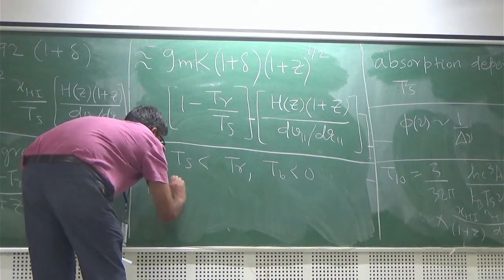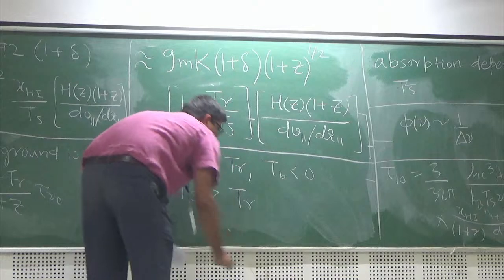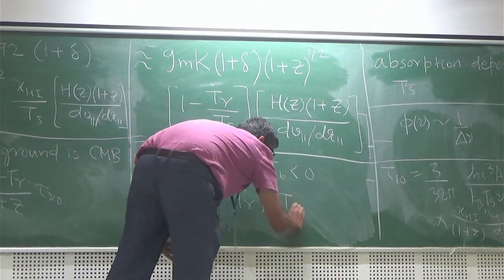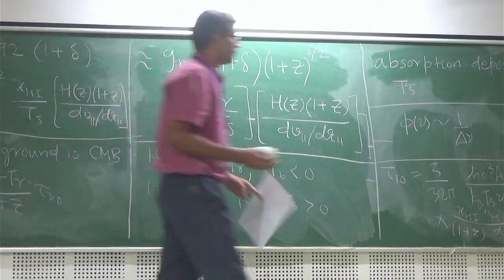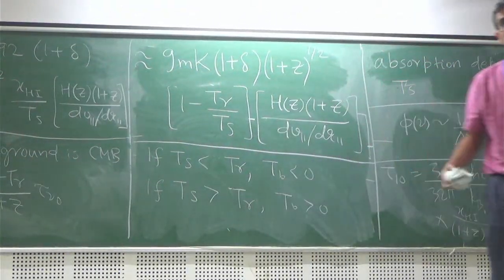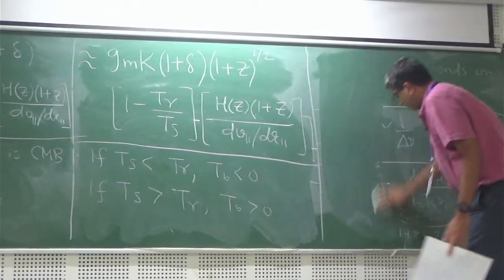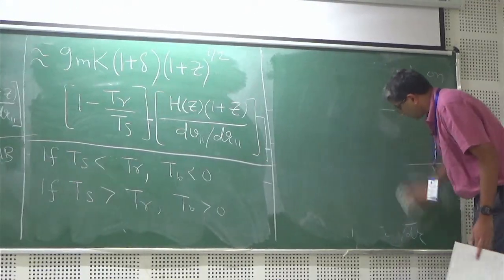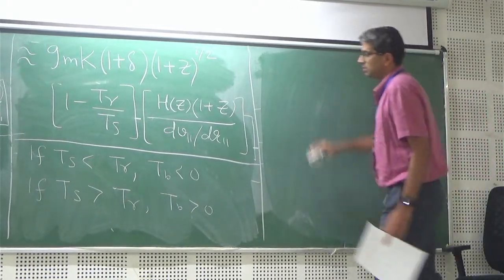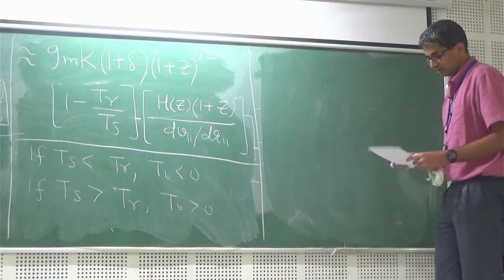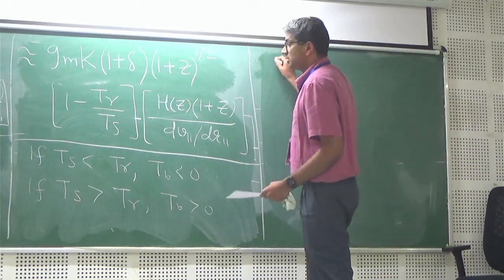If the spin temperature is greater than T gamma, then you have an emission signal. This is another attractive feature of 21 centimeters, that it can have both absorption and emission. This is actually used in many papers because the sign change redshift is given great significance.